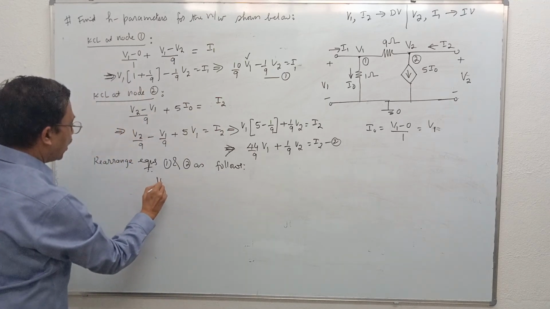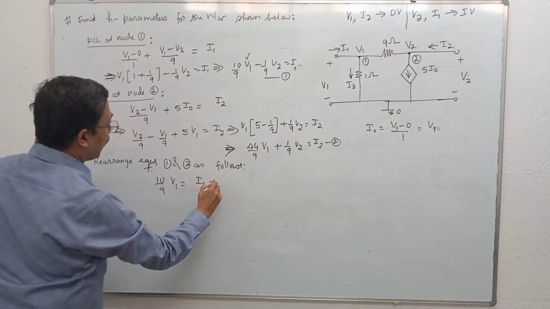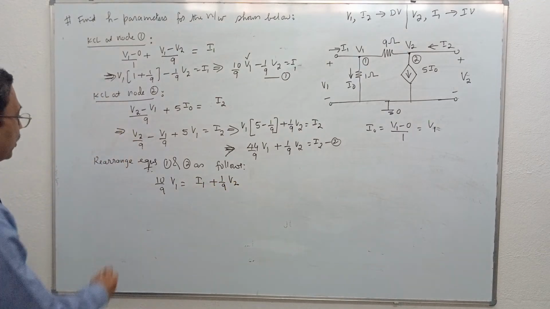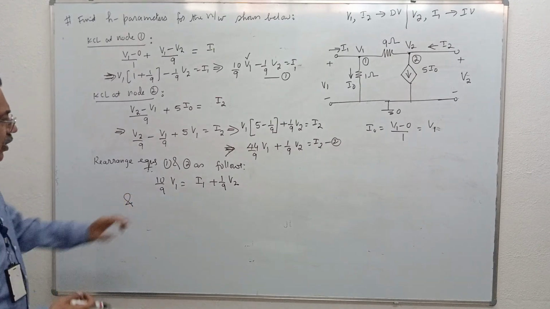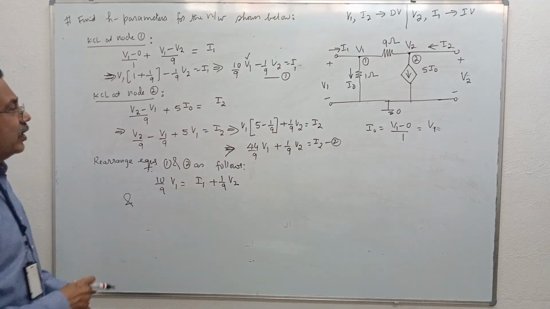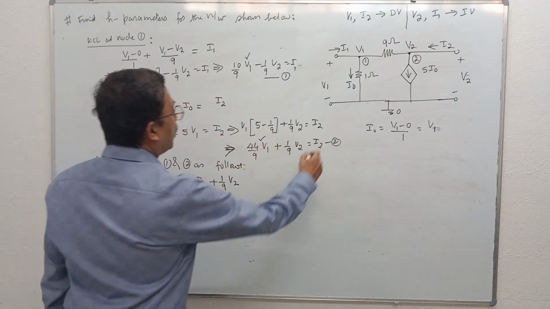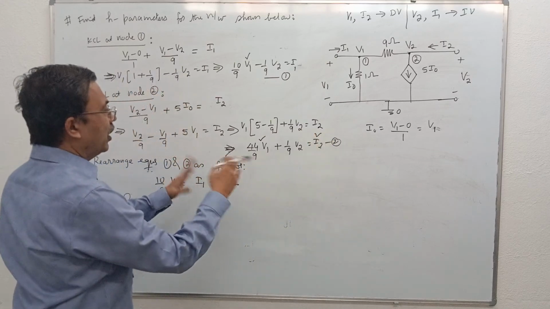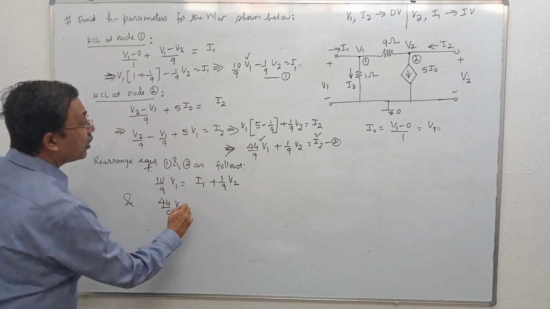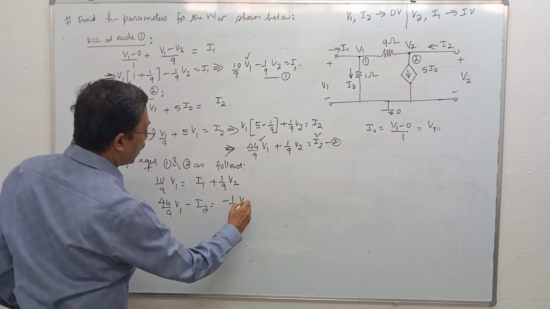So you get 10 by 9 V1 is equal to I1 plus 1 by 9 V2. This is how equation 1 is rearranged. And please note that the variable with suffix 1 must be the first term on the right hand side. Next, in this equation, V1 and I2 are dependent variables. They must be on the left side. So what we get? 44 by 9 V1 minus I2 is equal to minus 1 by 9 V2.